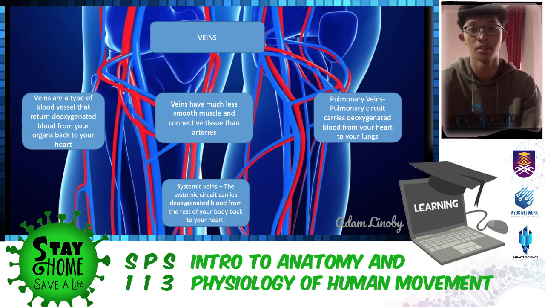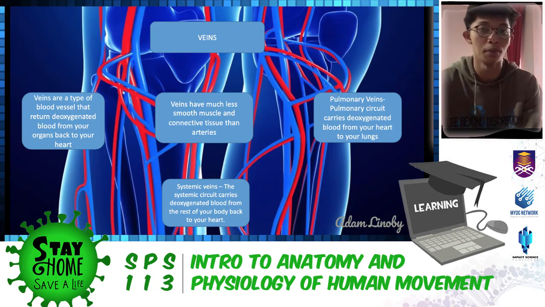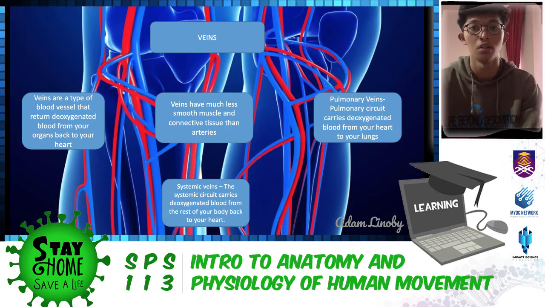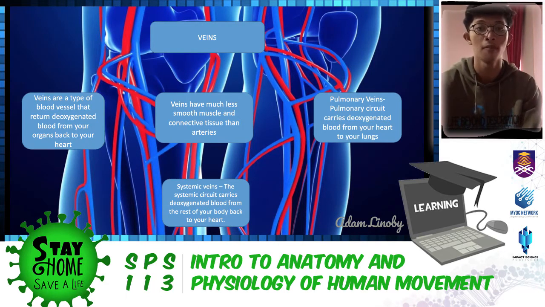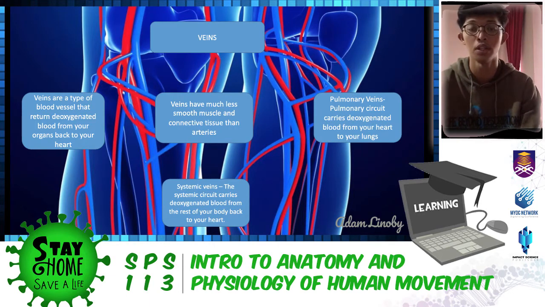Veins are a type of blood vessel that return deoxygenated blood from your organs to your heart. Maksudnya darah yang kurang beroksigen di organ diangkut oleh veins untuk kembali semula ke jantung, untuk continue the blood circulation.